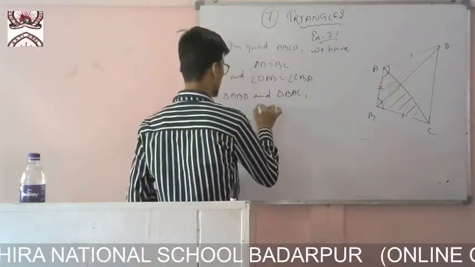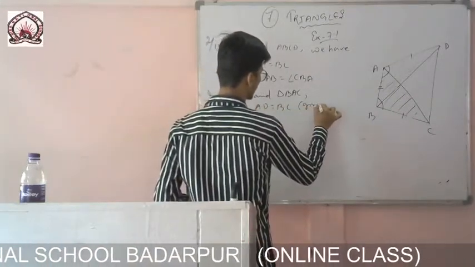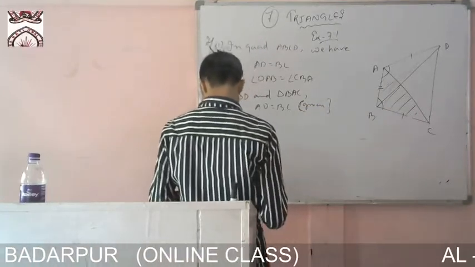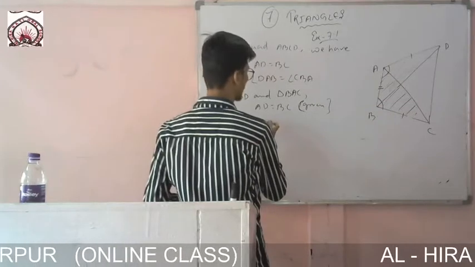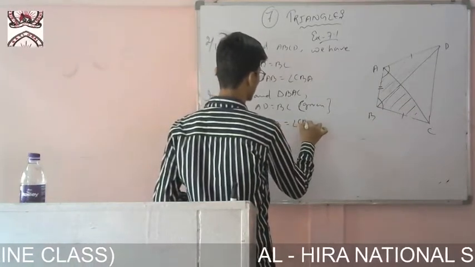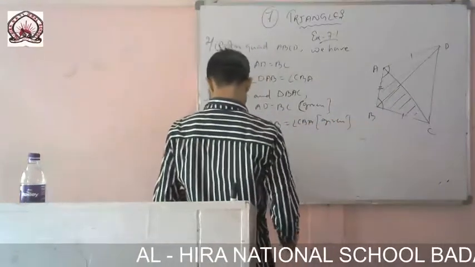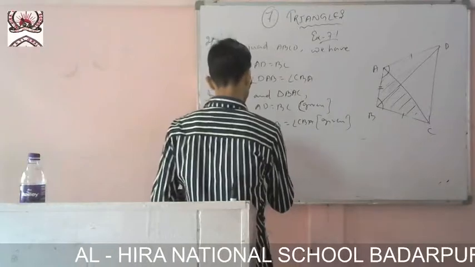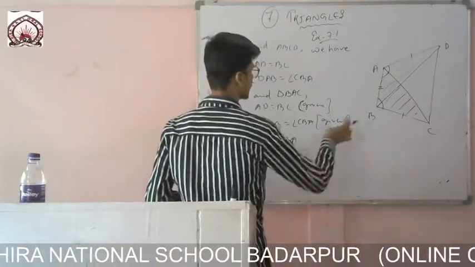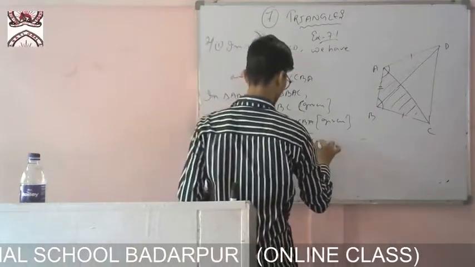First, let me write AD equals BC, and it will be better to give the reason: given. Then angle DAB equals angle CBA, this is also given. And AB equals BA, the same thing, that is the common side.